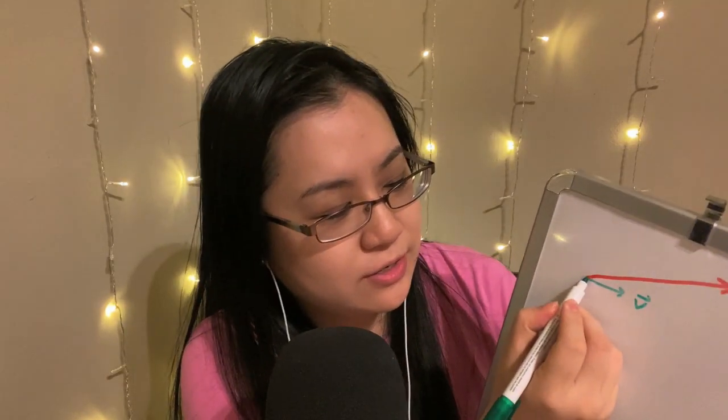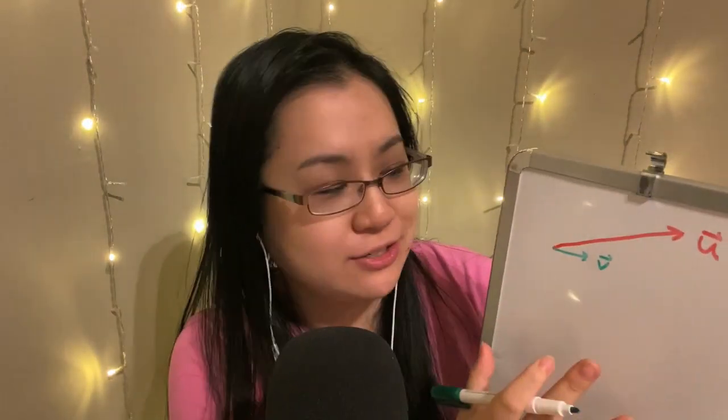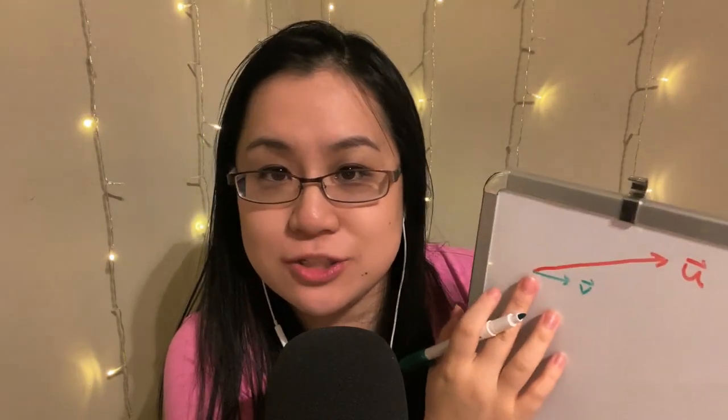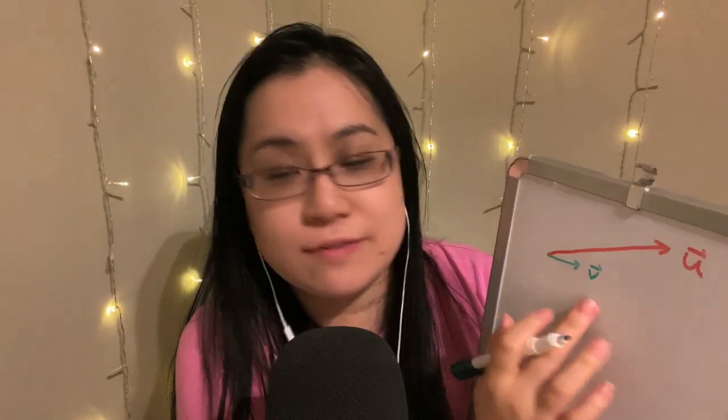Okay, so I'm going to erase this V and put V right here, so that they are tush to tush, 0, 0. If I were drawing it in standard form, this would be the origin, right? 0, 0. Okay, so now we have U and V.